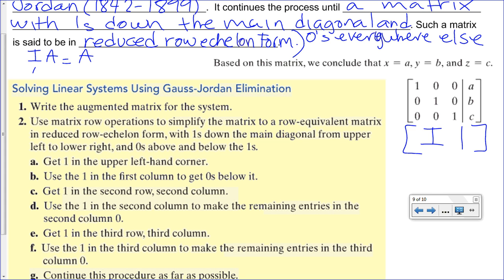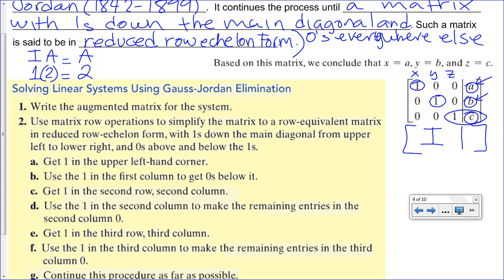So it's like multiplying a number times 1. That is the identity matrix. Once you get the identity matrix, the numbers that you get here will be your solutions: if you have x, y, and z, 1z is equal to that, 1y is equal to this, and then 1x is equal to that.